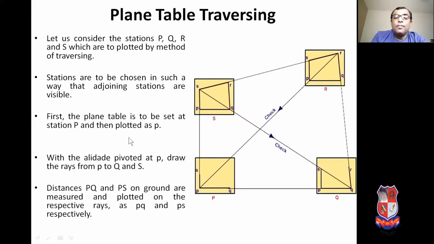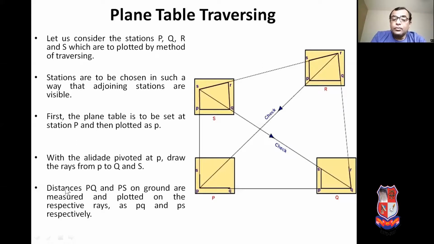and we have to perform all the operations and plot capital P as a small p on the drawing sheet. With the LED pivoted at small p, we have to bisect the ground station Q first and draw a line along the fiducial edge, so we will get this line. Then again, keeping the LED at station P at small p, bisect the ranging rod towards station S. After bisection, draw a line along the fiducial edge of the LED.